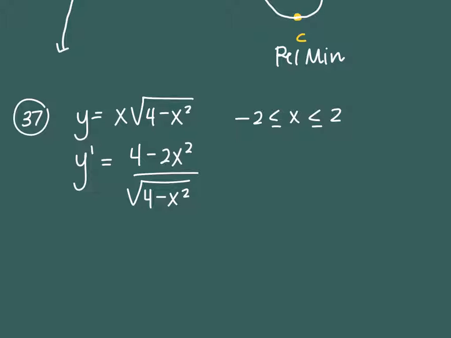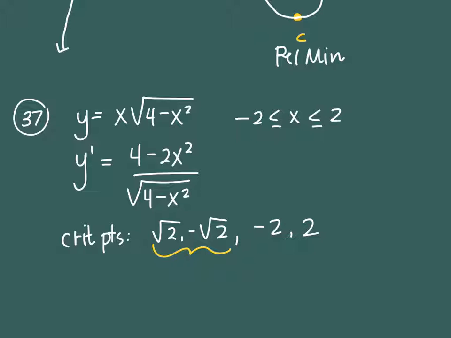And we'd already done the calculus, and we found that we've got horizontal tangents at critical points. Our critical points were rad 2, negative rad 2, and our endpoints were -2 and positive 2. And these two were the horizontal tangents, and these two were vertical.